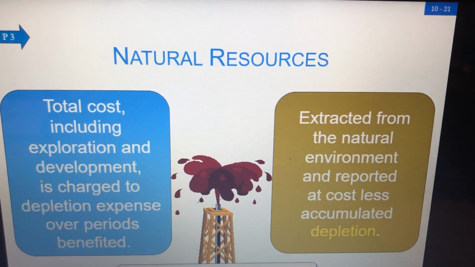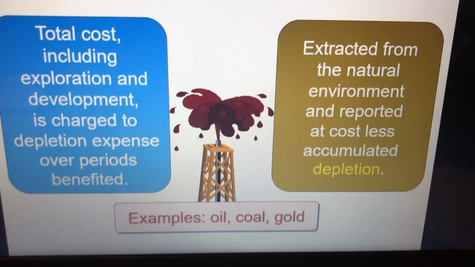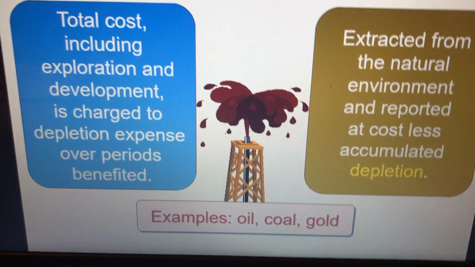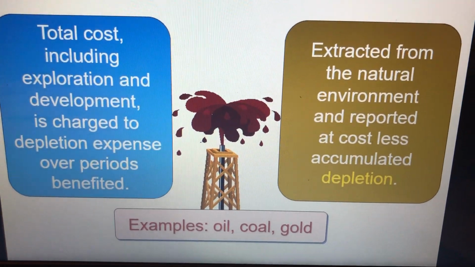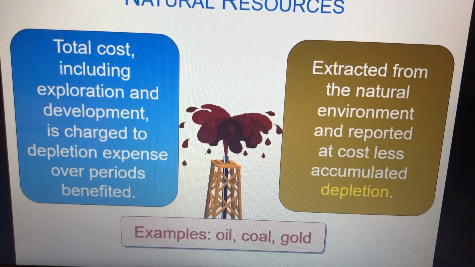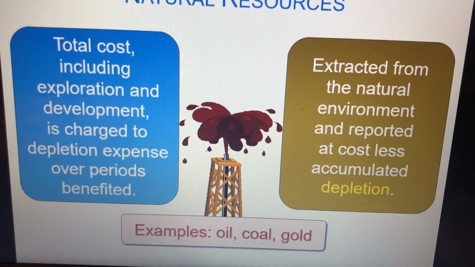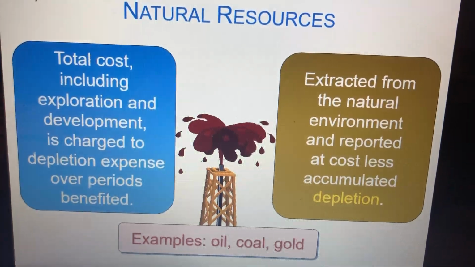On natural resources, this is what I want you to know. What are natural resources? Well, it's going to be oil, coal, gold, gas, natural gas, diamonds, anything like that that's significant that you're getting from the land. Okay. We do something similar for natural resources. We call it depletion, this word right here. So two things I want you to know.